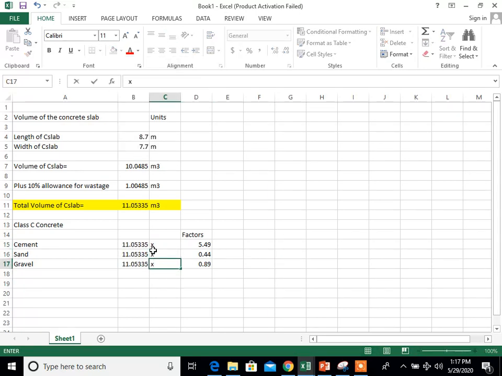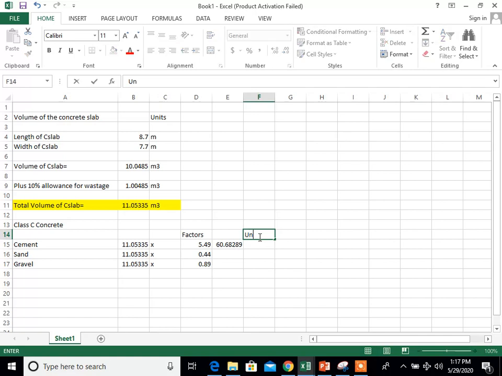Then to determine the number of bags of cement, we will multiply the total volume of the concrete slab by the factor. So simply 11.05335 times 5.39. So here is the number of bags for the cement.